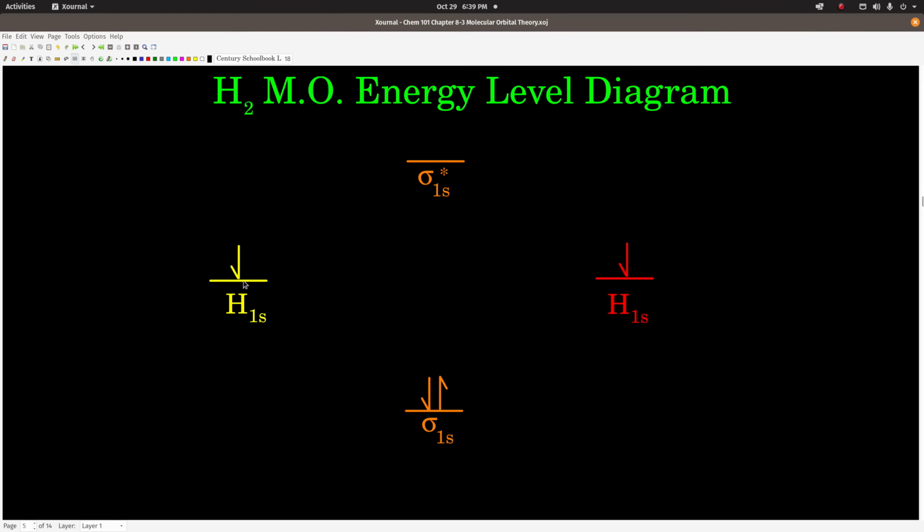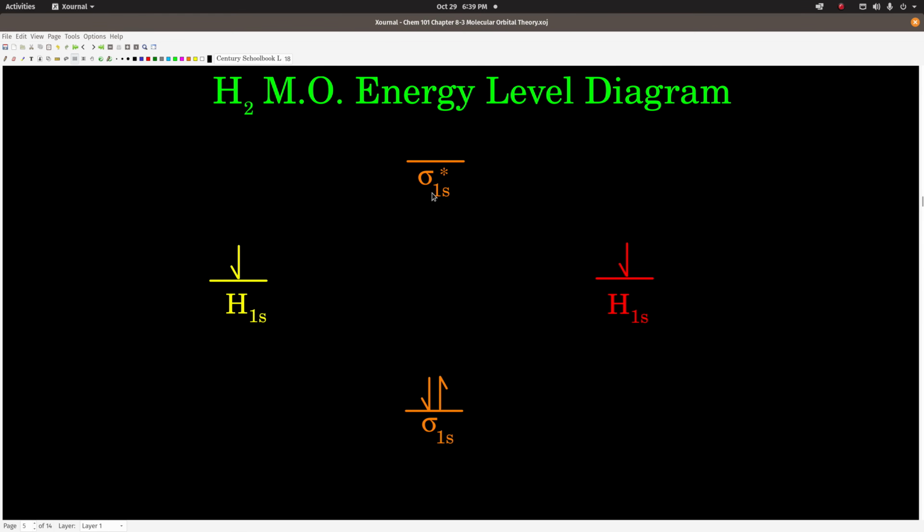What we do is take the electrons that are in the atomic orbitals and fill in the molecular orbitals that form using the same rules that we did before. So we have two electrons here, we end up with two here. In this case, they both end up in the bonding molecular orbital. Okay, so this is just introducing you guys to molecular orbital energy level diagrams.